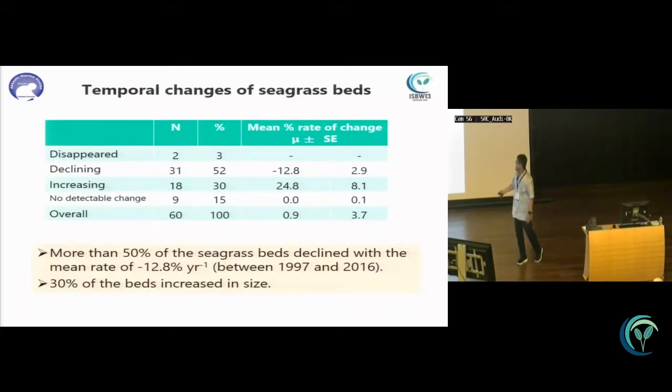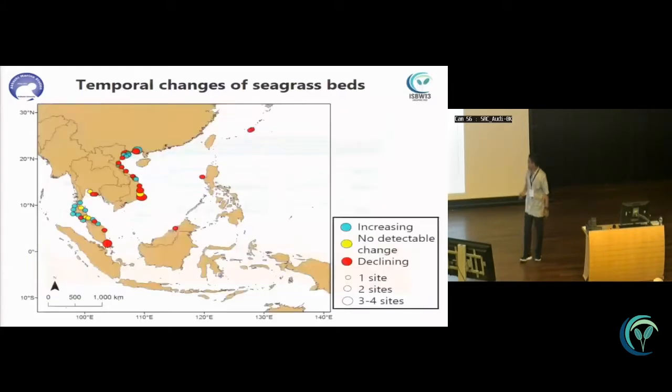For the different types of seagrass bed, the locations are expressed as follows. You can see most of the data comes from Vietnam and Thailand, and interestingly, in Vietnam many seagrass beds have been disappearing, whereas in Thailand more seagrass beds seem to be increasing rather than declining.